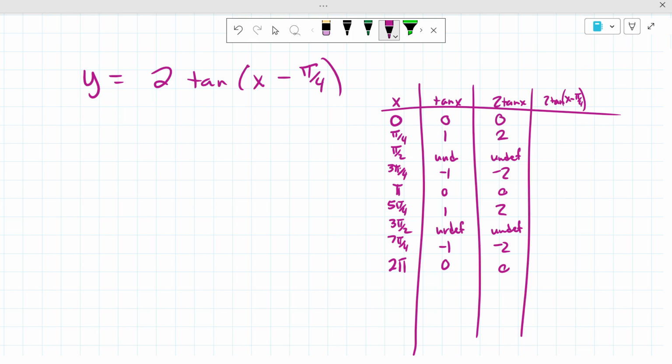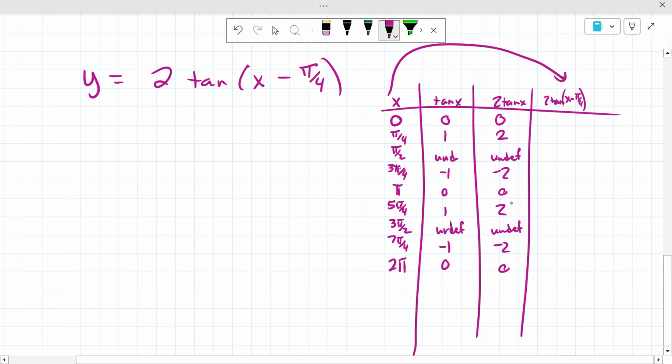What does the pi over 4 affect? The x's or the y's? The x's. What does it do to my x's? Moves them to the right, pi over 4. So you take each of these and move them to the right, pi over 4.